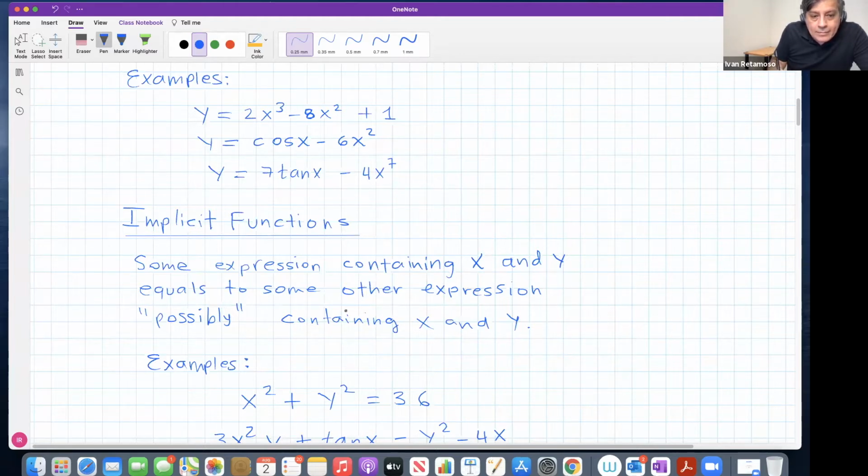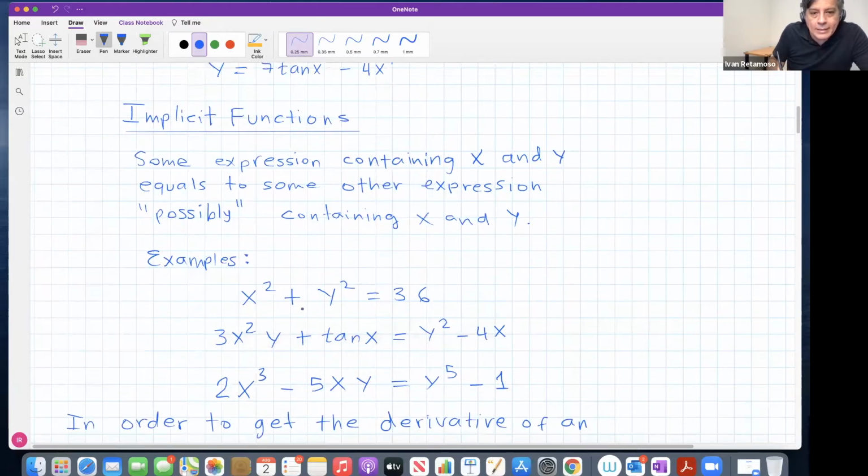And these expressions containing x and y may be equal to some other expression also containing x and y, right? For example, this: x squared plus y equals 36. Y is a function implicitly defined, right? Not explicitly defined, but implicitly. The function y appears somewhere inside the equation, right?